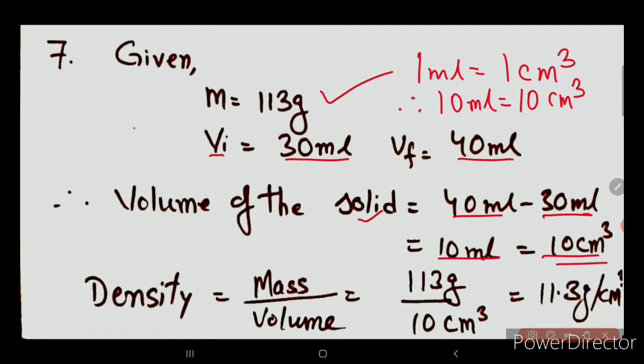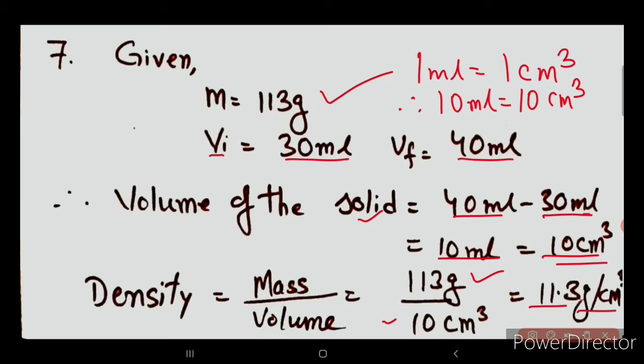Now the density will be mass upon volume, that can be written as 113 upon 10 centimeter cube. So after doing the calculation, I shall get 11.3 gram per centimeter cube, but the question is asking us the relative density.